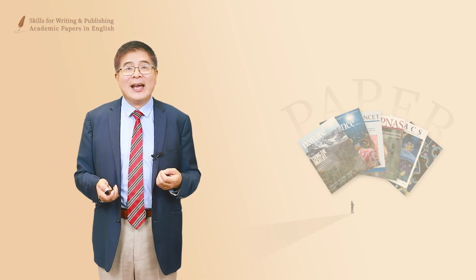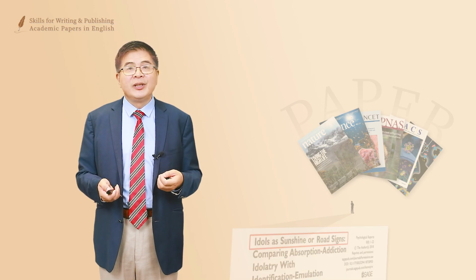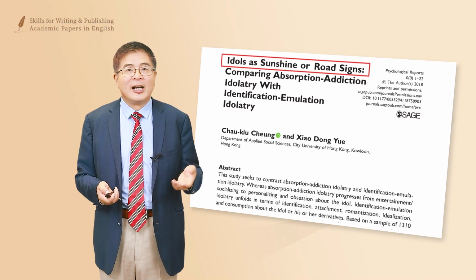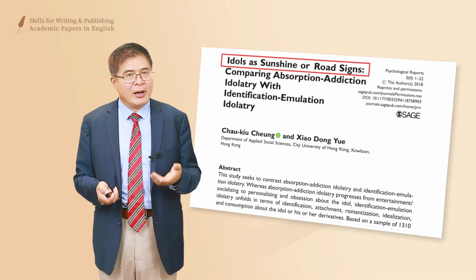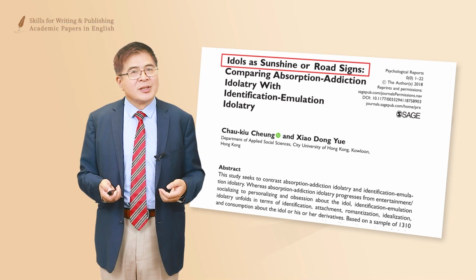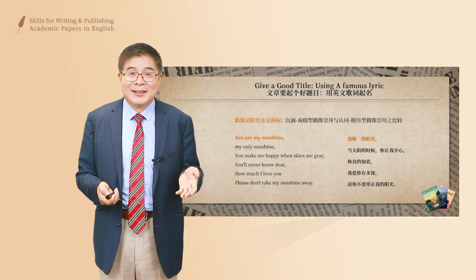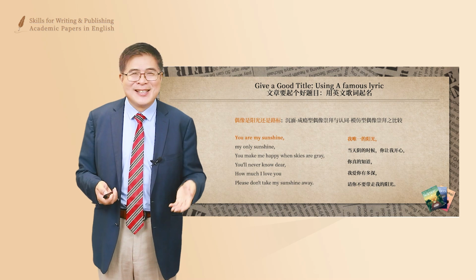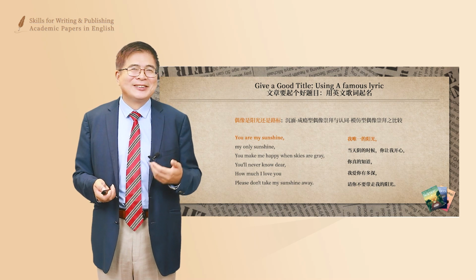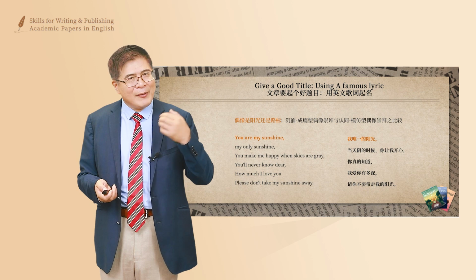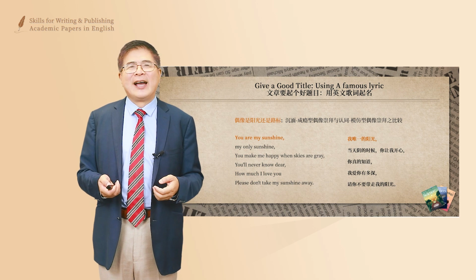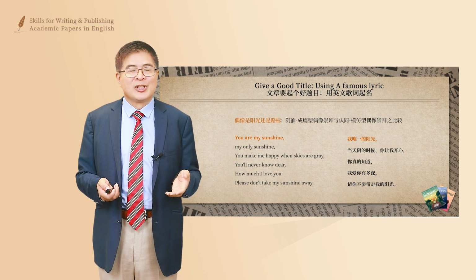Another good try is using a famous lyric, a song lyric. From this article, I wrote, "Idols Are Sunshine or Road Signs." Sunshine. You are my sunshine, my only sunshine. So that's the song lyric. Now I can use this for the title of my article on idol worship.